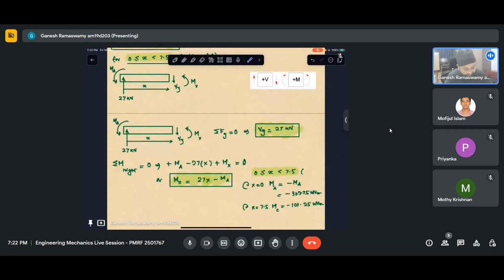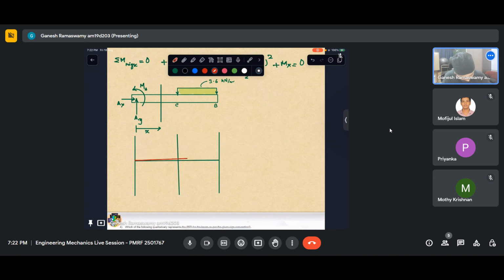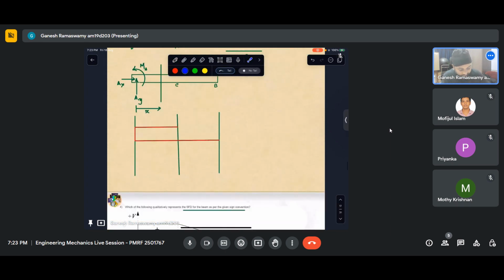At x equal to 7.5 also, it is 27 because it has no variation in x. So it is positive. So I have positive 27 going till that point. And I saw that at the free end, I got 0. So I just need to connect it like that. So this is positive with this 27 kilonewton.